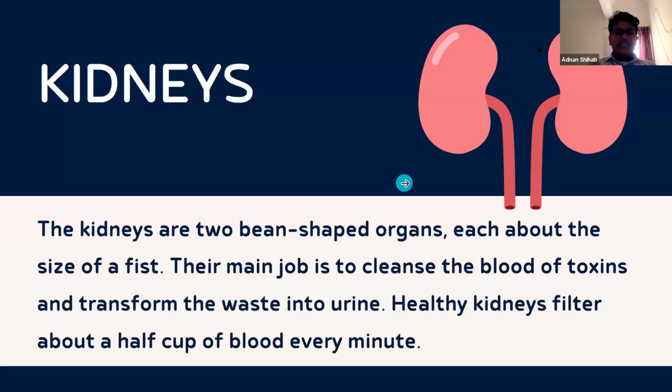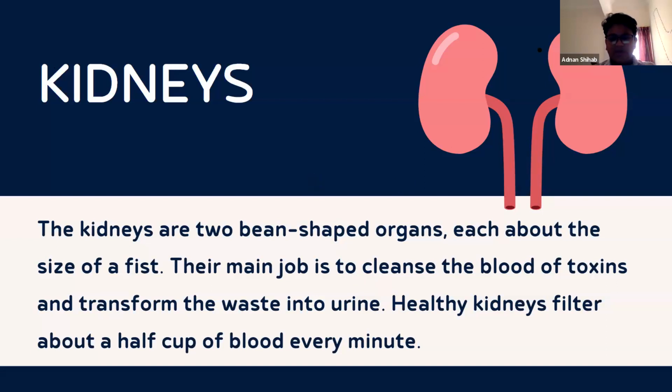Okay, so the kidneys are two bean shaped organs, as I said before. It looks like a kidney bean, each about the size of a fist, so it will be the size of our own fist.